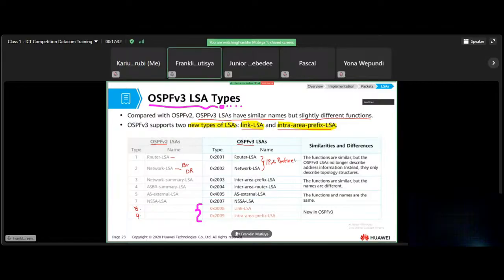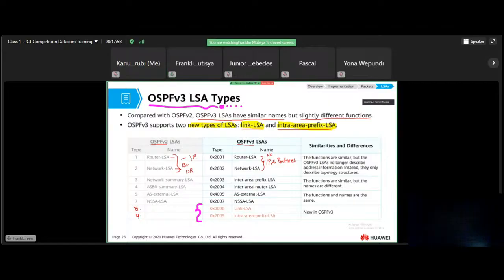Someone is asking what IPv6 prefixes are. These are addresses, the address information. So in version 3 you have no IPv6 prefixes in these, but in version 2 we carry IP addresses in these two types of LSAs.